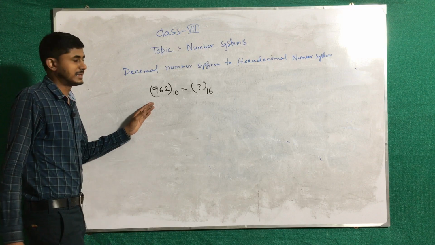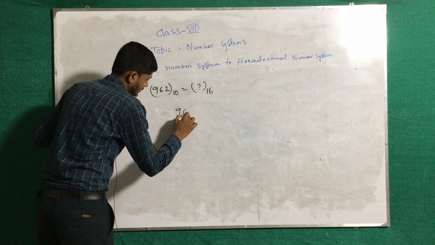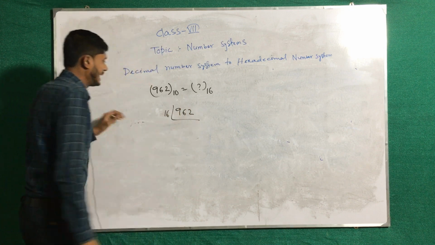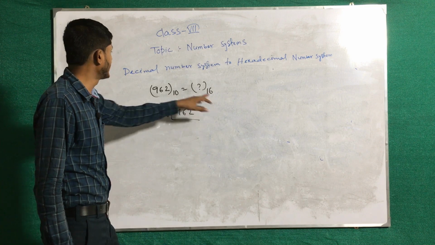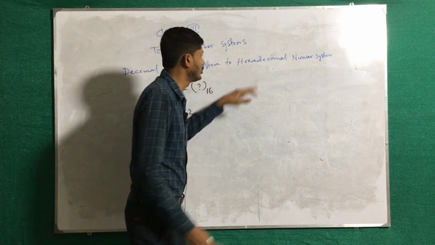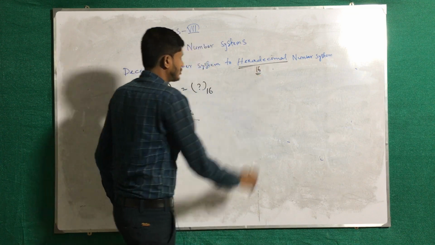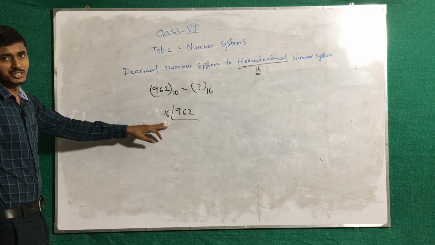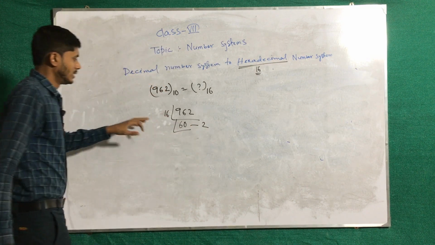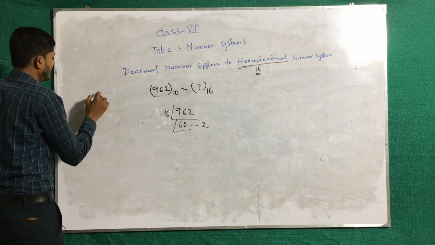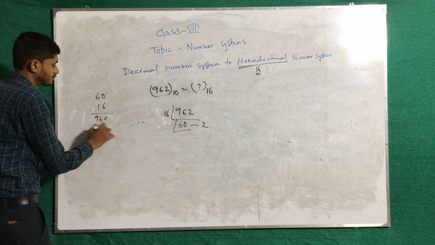So, 962 is divided by 16. Hexadecimal number system base is 16, that is why we divide by 16. 16 into 60 is 960.